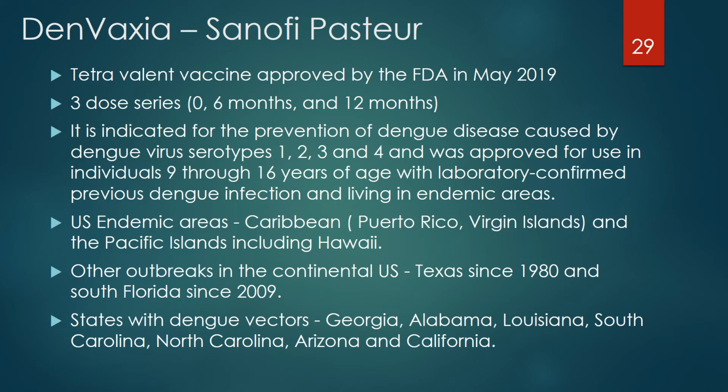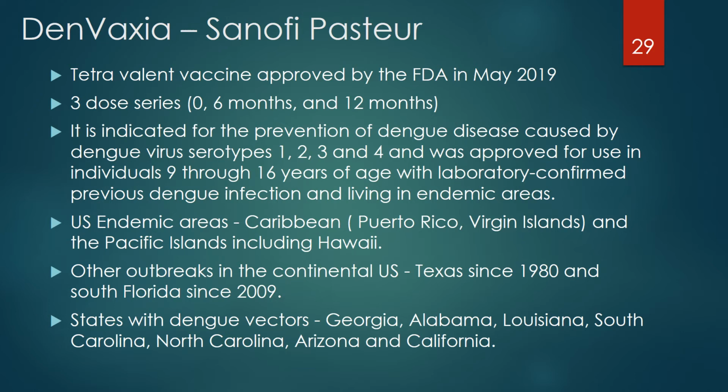It is indicated for the prevention of dengue disease caused by dengue virus serotypes 1, 2, 3, and 4, and was approved for use in individuals 9 through 16 years of age with laboratory-confirmed previous dengue infection and living in endemic areas. This may protect those individuals from dengue hemorrhagic fever.